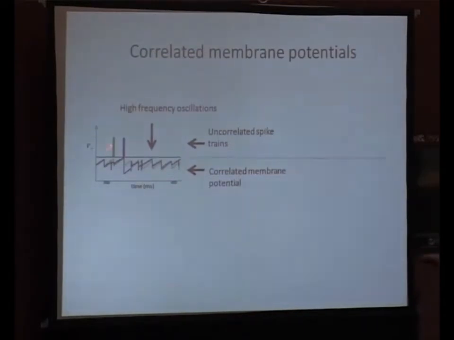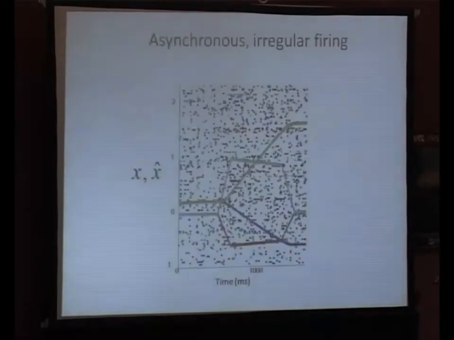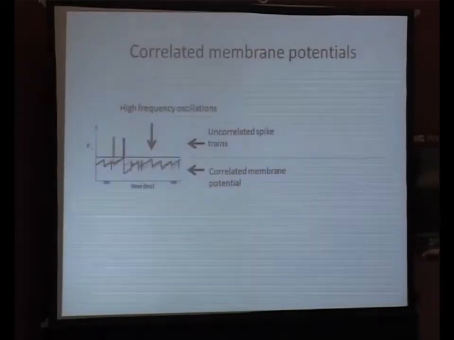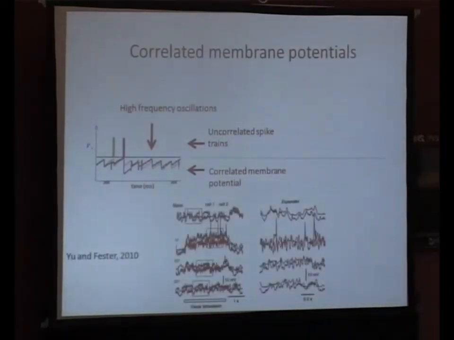They tend to have this high frequency oscillation, which comes exactly from the same mechanism. There's an underlying integration process, and all these neurons collaborate in it, right? But this correlation is not reflected in the spike trains.